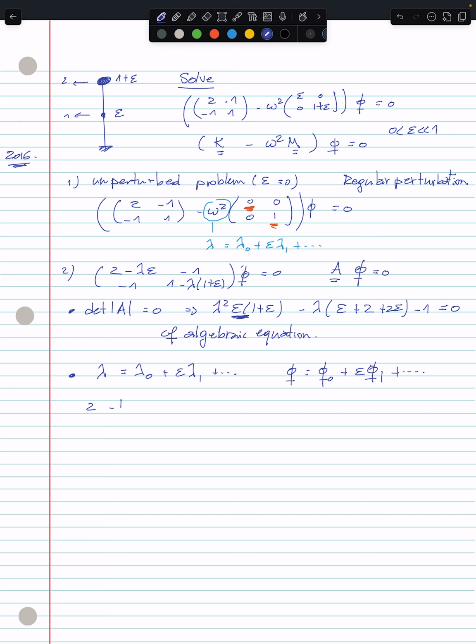It's going to be a little bit more lengthy than what we used to have because we have matrices now. Minus lambda 0 plus epsilon lambda 1, multiplied by epsilon 0 0 1 plus epsilon, and this is multiplied by phi 0 plus epsilon phi 1.